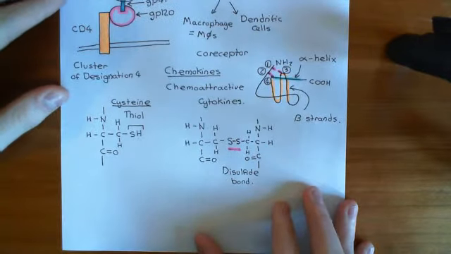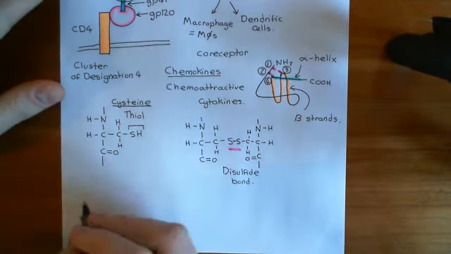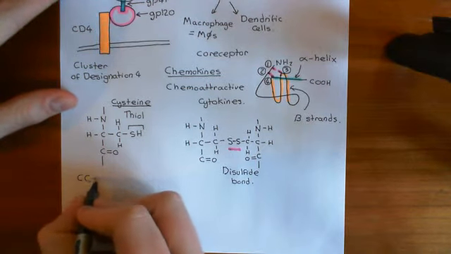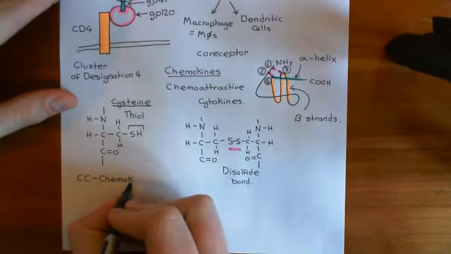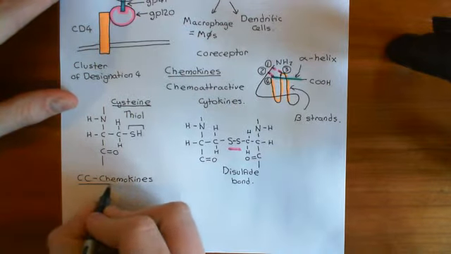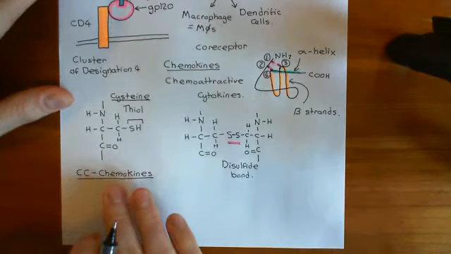Now, chemokines can then be split into 4 groups. Okay, so the first group, the major group, is the CC chemokine family. Now what we will do is explain the notation basically. So why is this family called the CC chemokines?